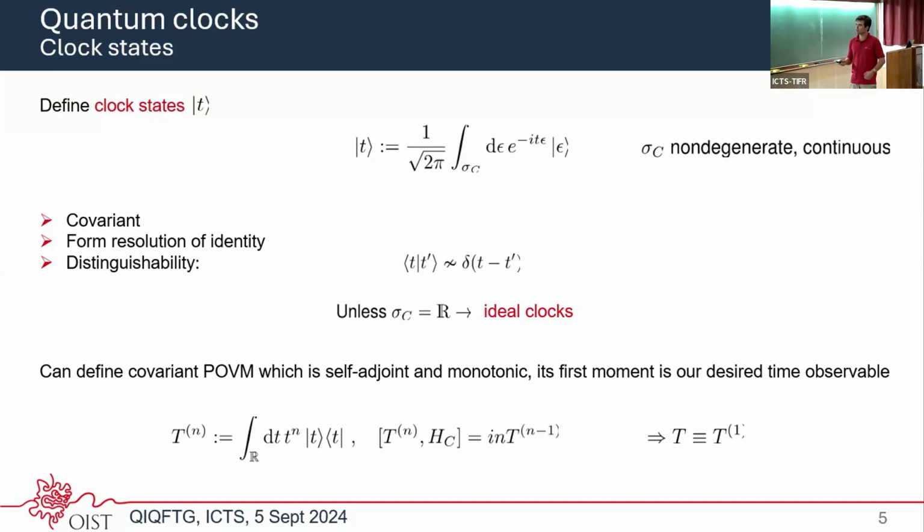But we're more interested in the first moment of this POVM, because this will be our desired time observable. As you can see here, we can create these n-th power moments, and if we take n equal to 1, we have this commutation relation, which is our desired time observable, conjugate to our clock Hamiltonian. And then we will use this time observable to dress our operators in a gauge invariant manner.